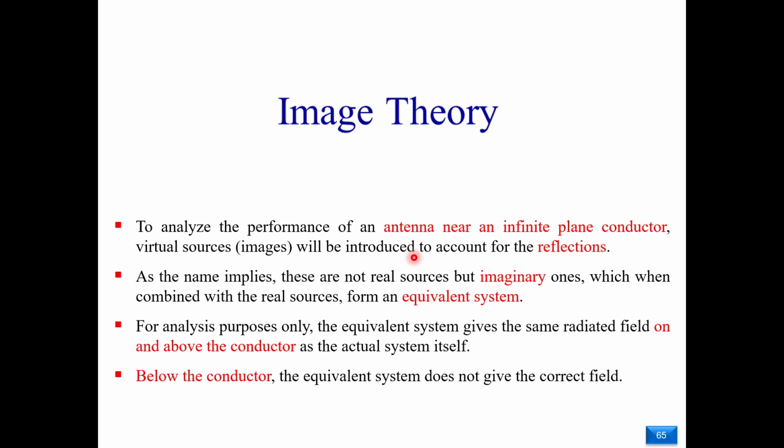We used image theory in electrostatics to solve many problems, and today we're going to do the same and study the use of the image method to solve a problem of an antenna, like a wire dipole antenna, existing on top of a conductor ground plane, or a perfect conductor ground plane.